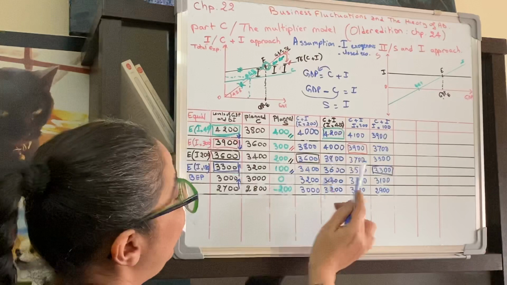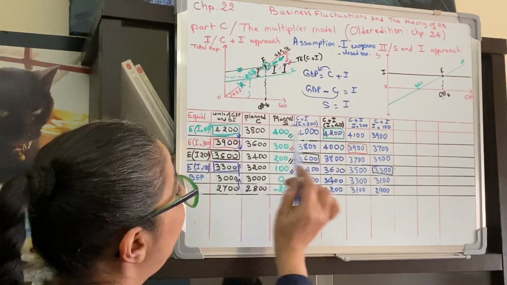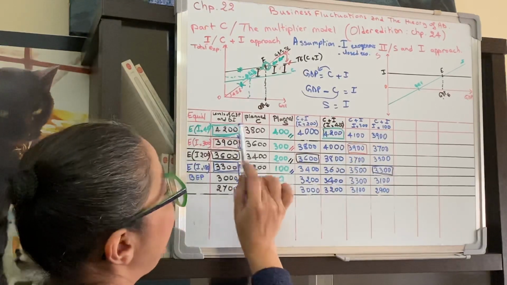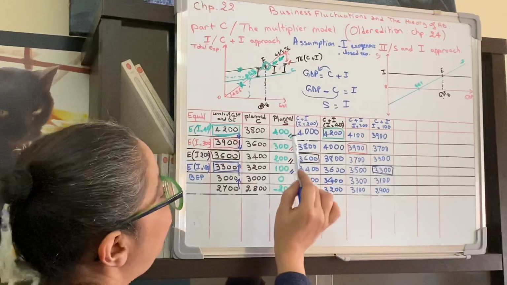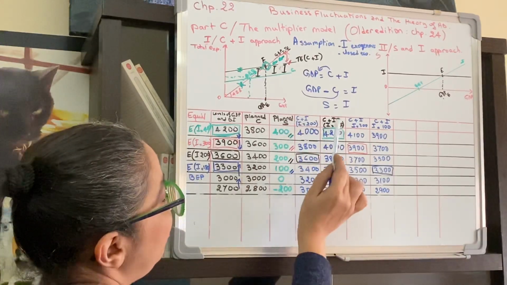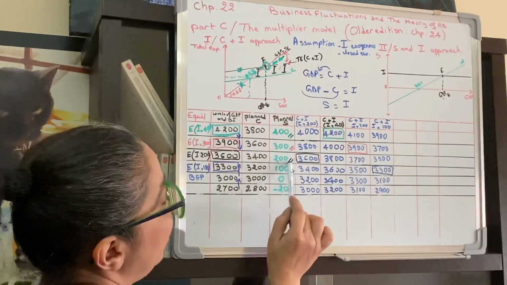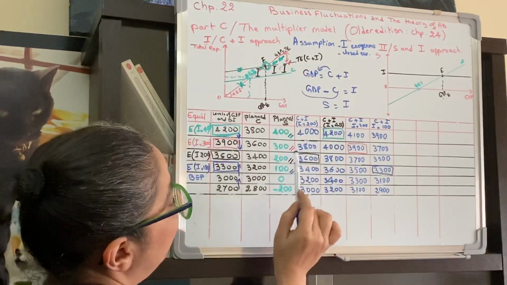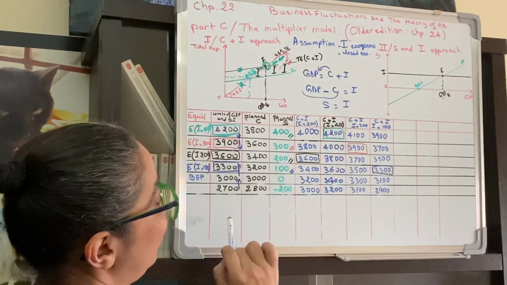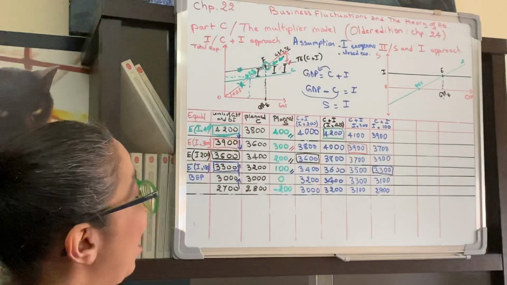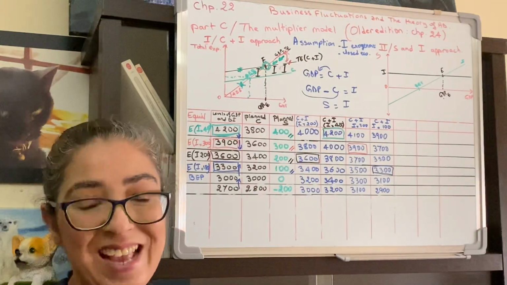You try to find total expenditure is equal to your GDP. In the S and I approach, you try to find investment is equal to saving. If I don't invest, my equilibrium is my BEP. Okay, guys? Done?